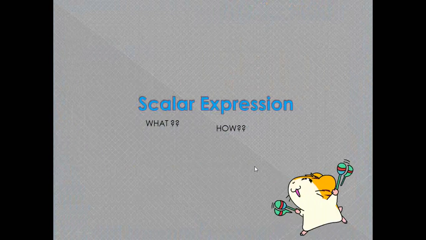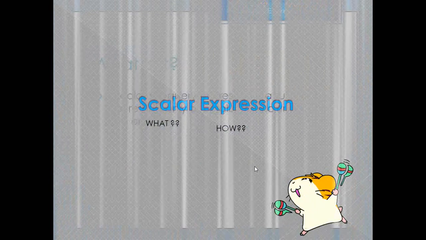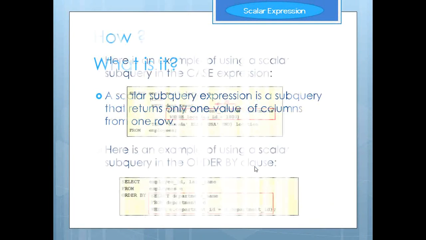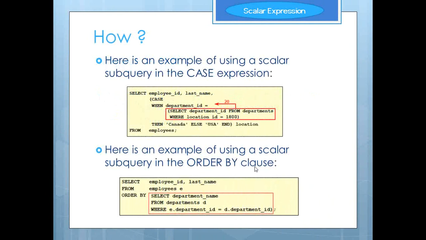Now scalar expression, what and how. What is it? A scalar subquery expression is a subquery that returns only one value of one column from one row. How? Here is an example of using a scalar subquery in the CASE expression.